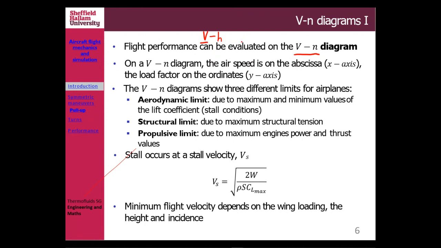We call it a cat paw because the diagram looks like a paw, and if you look through the books, you will see how it looks. It is more or less like this: this is the V, this is the H. Sometimes, as I said, it is represented by Mach number. So your aircraft is obviously allowed to operate within this speed and this altitude.